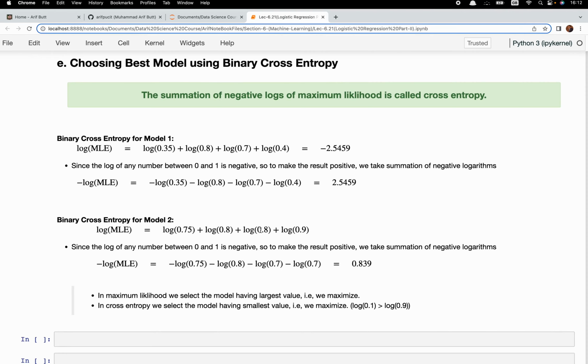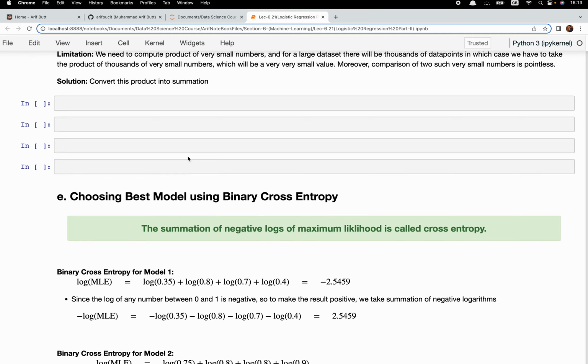My dear students, this takes us to what is known as binary cross entropy. The summation of negative logarithms of maximum likelihood is called cross entropy. So the sum of logarithms of maximum likelihood for model 1 comes out to be minus 2.5459.